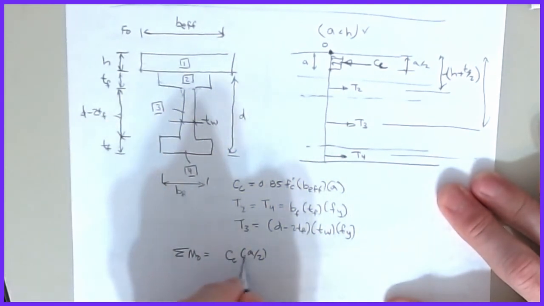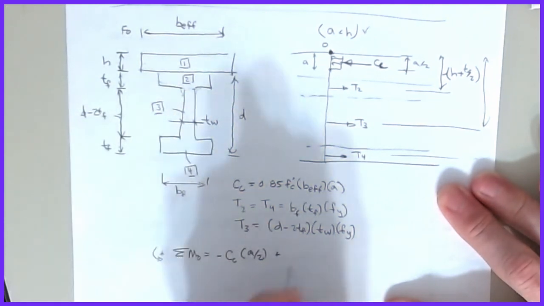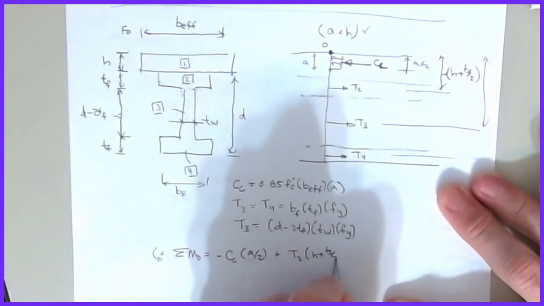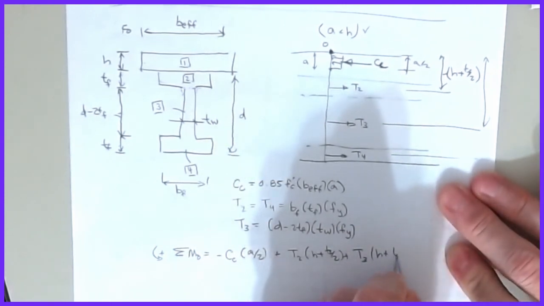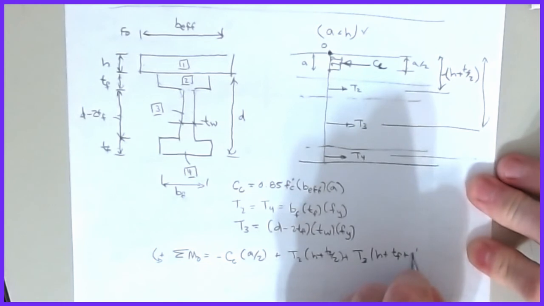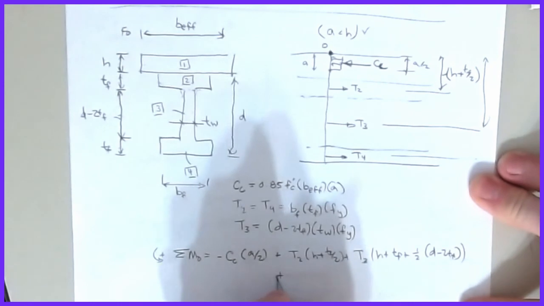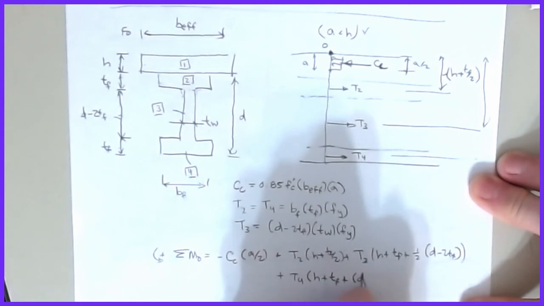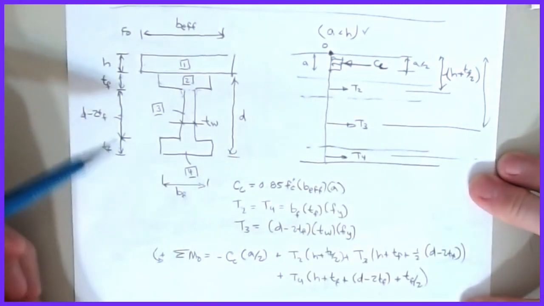And if I go this way positive relative to that, this is a minus, plus T2 times h plus tf over 2, plus T3, which is going to be what? h plus tf plus 1/2 of d minus 2tf on those, plus then T4, which is h plus tf plus d minus 2tf plus tf over 2. I don't think I made any math errors on that, but you guys get the idea of what we're doing.